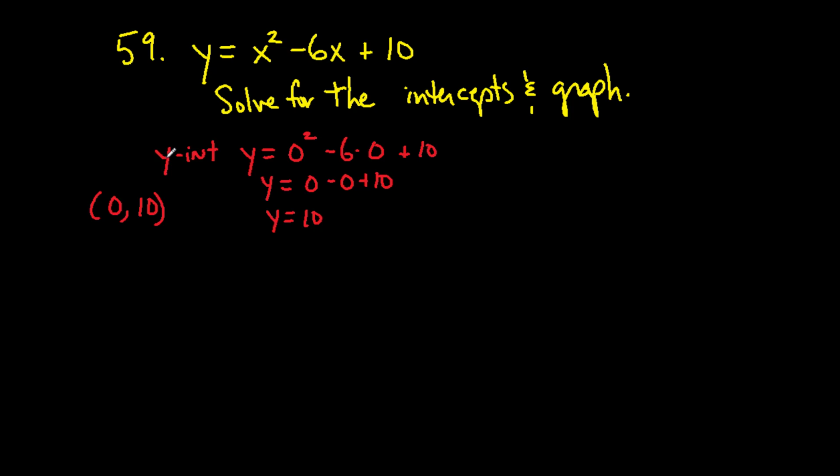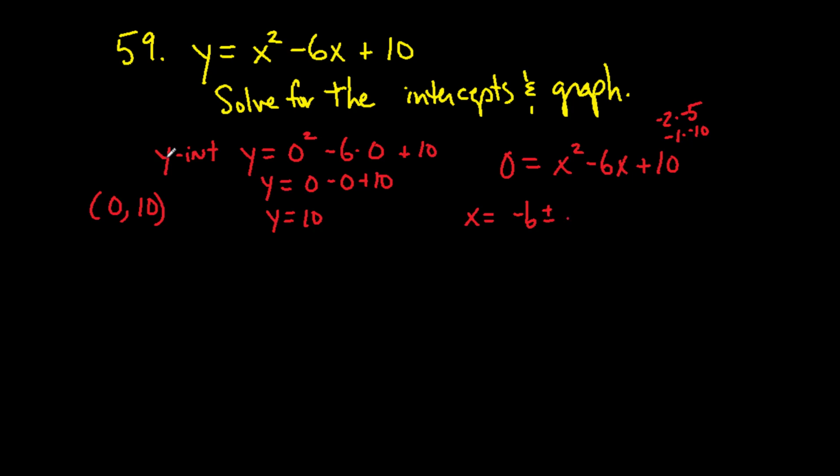If we wanted to set y equal to 0 now to solve for x, we would get this equation, but that's not factorable since negative 2 times negative 5 aren't going to add up to negative 6, and neither are negative 1 and negative 10. So it's not factorable. In order to solve this, we would probably want to use the quadratic formula.